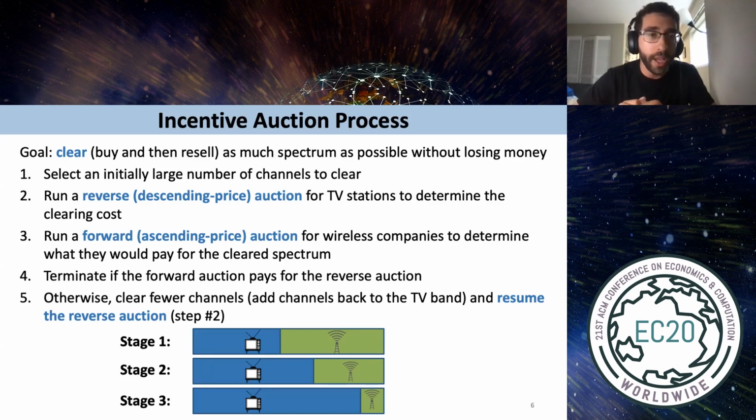It then ran a forward auction for wireless companies, and this is just a typical spectrum auction like those that have been run before. That's going to determine how much they would pay for this cleared spectrum. It then terminates if the forward auction can pay for the reverse auction. Otherwise, it decides to clear fewer channels. So it's going to add channels back to the TV band and resume the reverse auction.